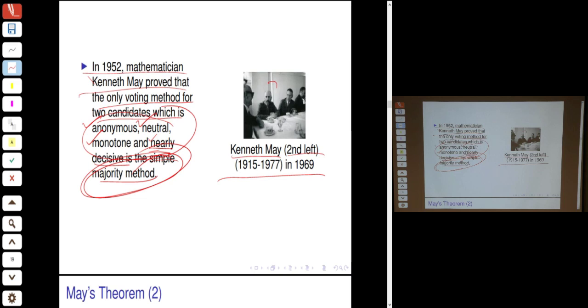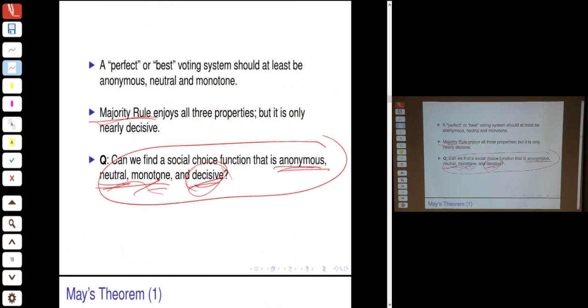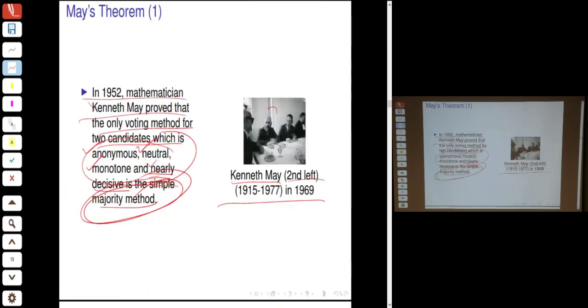But we know that the simple majority method is only nearly decisive and not fully decisive. So the only example which could satisfy the conditions of this question does not satisfy the fourth condition. So there is no voting method that satisfies anonymous, neutral, monotone, and decisive. This is an important consequence of May's theorem.